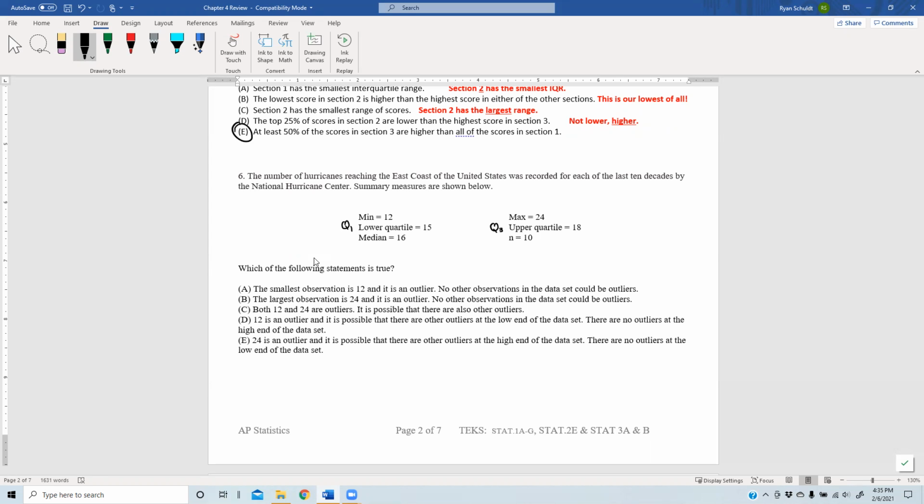Well, let's do this. Let's draw 10 blanks down here because there's only 10 observations. So let's try to visualize where everything's at. 1, 2, 3, 4, 5, 6, 7, 8, 9, 10. Okay, so the min we know is 12.